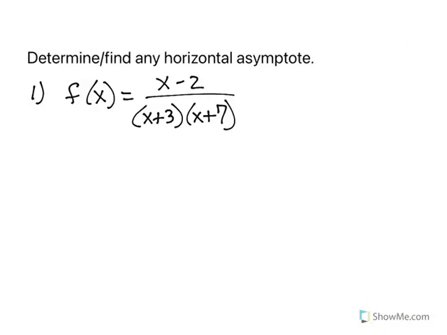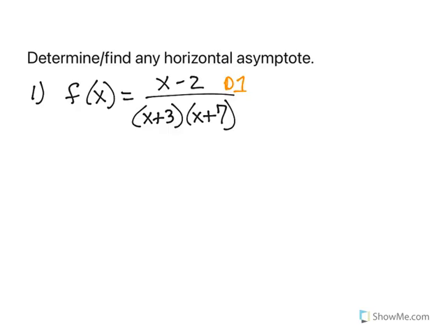We want to determine and find any horizontal asymptote. So when you're doing this, you want to say, okay, I need to recognize the degree. I can see pretty easily in the numerator that this is degree 1. In the denominator, if you can't tell by looking, go ahead and expand it out.